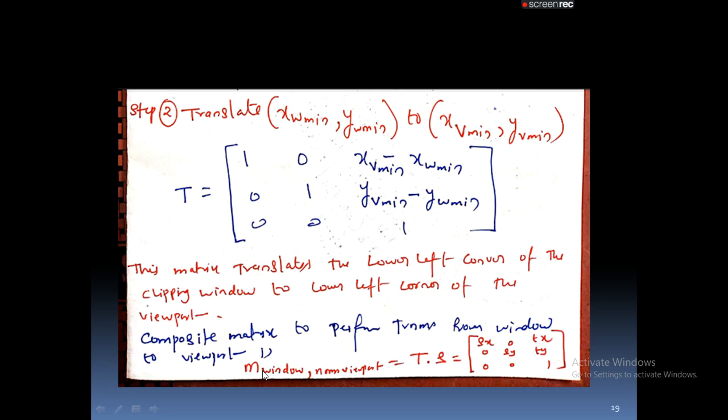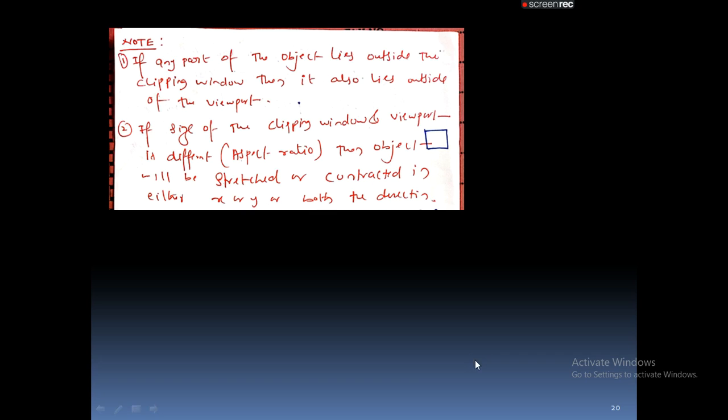When you want to perform the viewing coordinate to normalization viewport mapping, I have T into S. T is the translation matrix, S is the scaling matrix. Internally we did normalization also, but in reality we do not map that, we only assume that we mapped it. So directly we are mapping viewing coordinates to viewport coordinates with the help of this particular matrix.